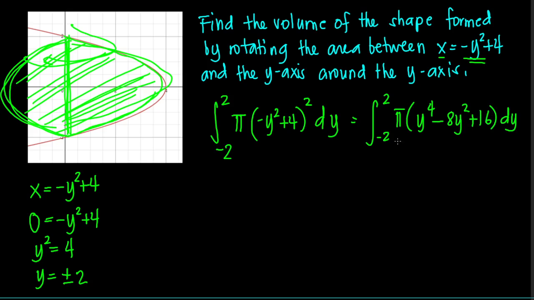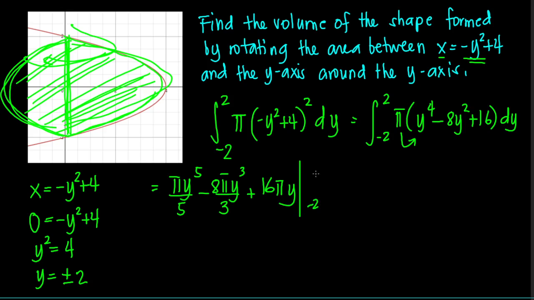Okay. And then, pi can be distributed inside. I'll integrate directly. This becomes pi y to the 5th over 5 minus 8 pi y cubed over 3 plus 16 pi y, from negative 2 to 2. Okay. Upper minus lower.